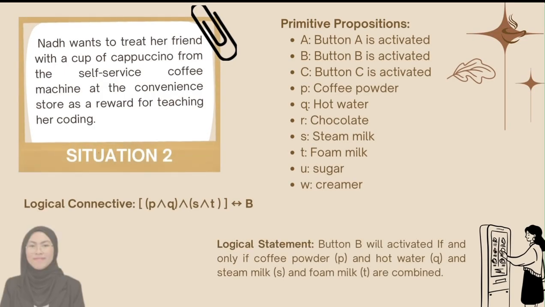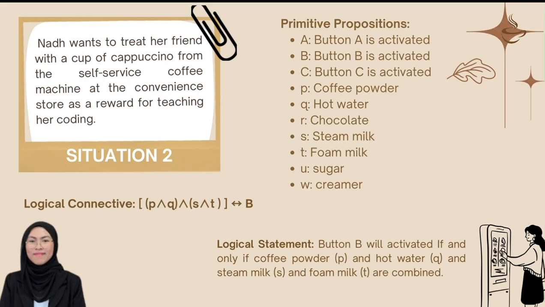When Nat buys a cup of cappuccino from the self-service coffee machine, she needs to press button B. Button B will open the partition of coffee powder, hot water, steamed milk and foam milk. So all of these ingredients will be combined together and Nat will get her fresh aromatic cappuccino.